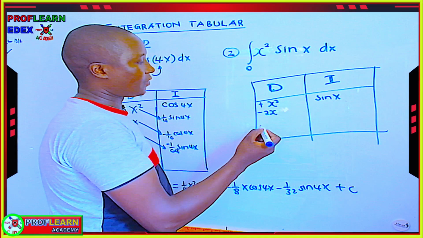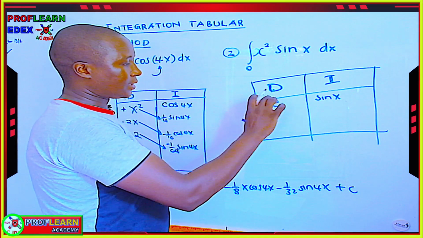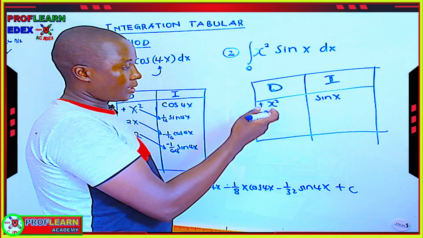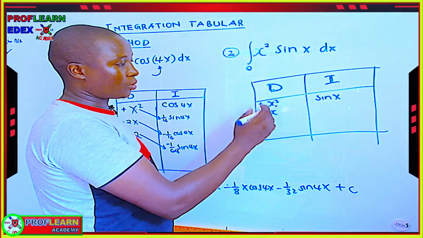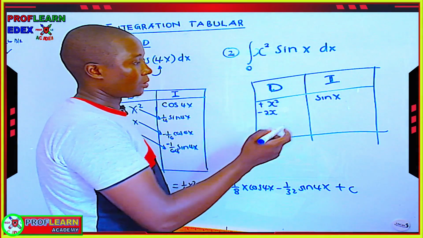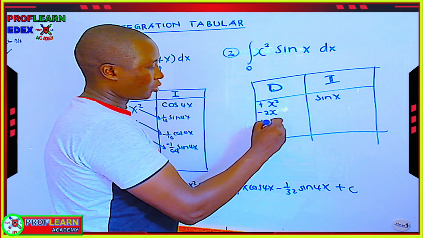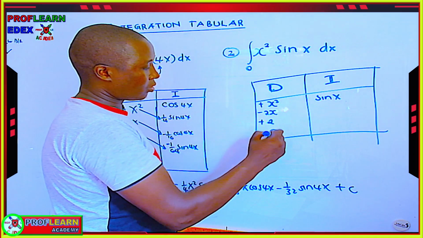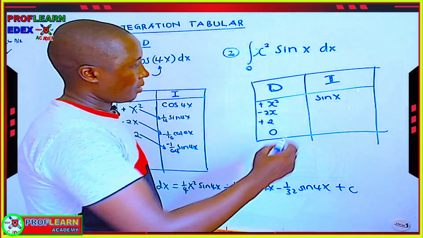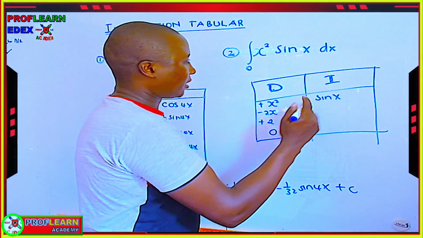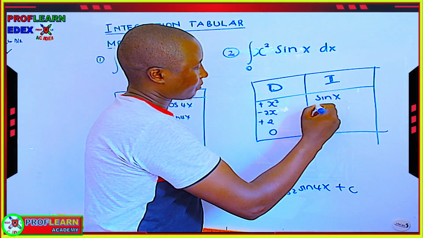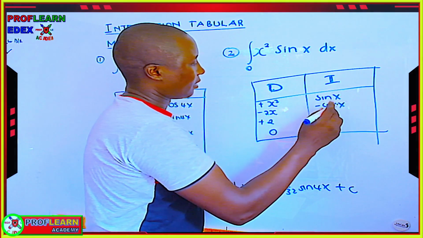We shall have a negative sign, because we keep on alternating the signs. And then differentiating this now, we shall say positive 2. Differentiating a constant, you are going to get 0. You stop there.